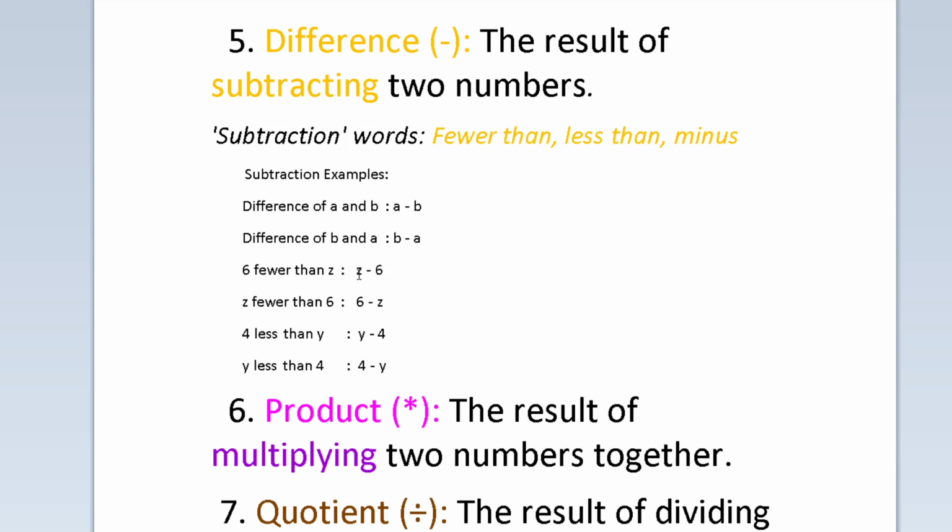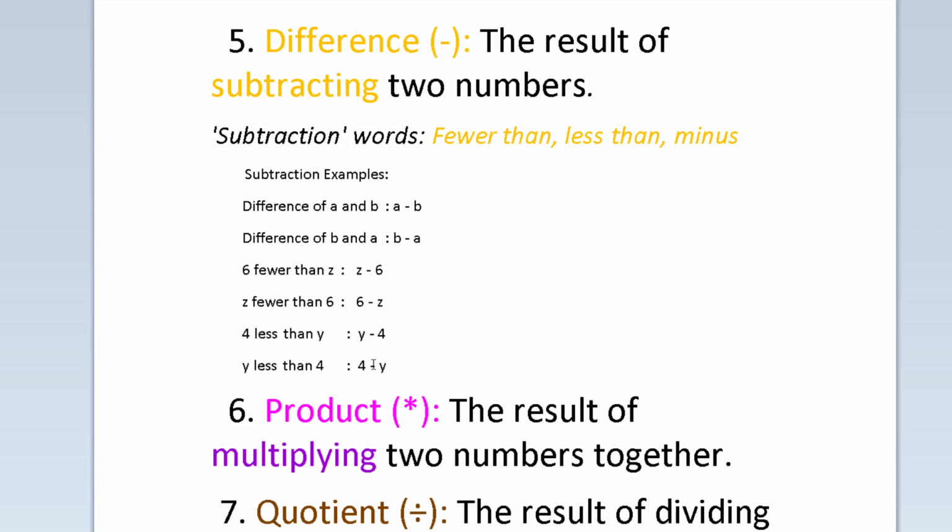So that means really whatever number this expression is representing, this number is 6 less than z. So we'd say z minus 6. And then the other way around, if it's z fewer than 6, well, that means that you take away z from 6.